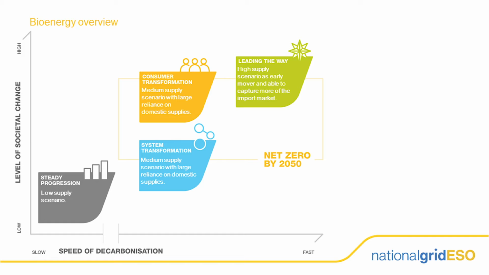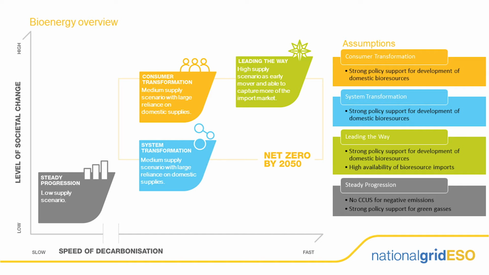Both system transformation in the blue and consumer transformation in the yellow are the two scenarios where we do reach net zero by 2050, and these are our medium supply scenarios with a large reliance on domestic supplies. Lastly, we have leading the way, where we reach the 2050 emissions target early. This also has our highest demand for bioenergy. This scenario continues to have a requirement for domestic production, but also captures more of the imports market.